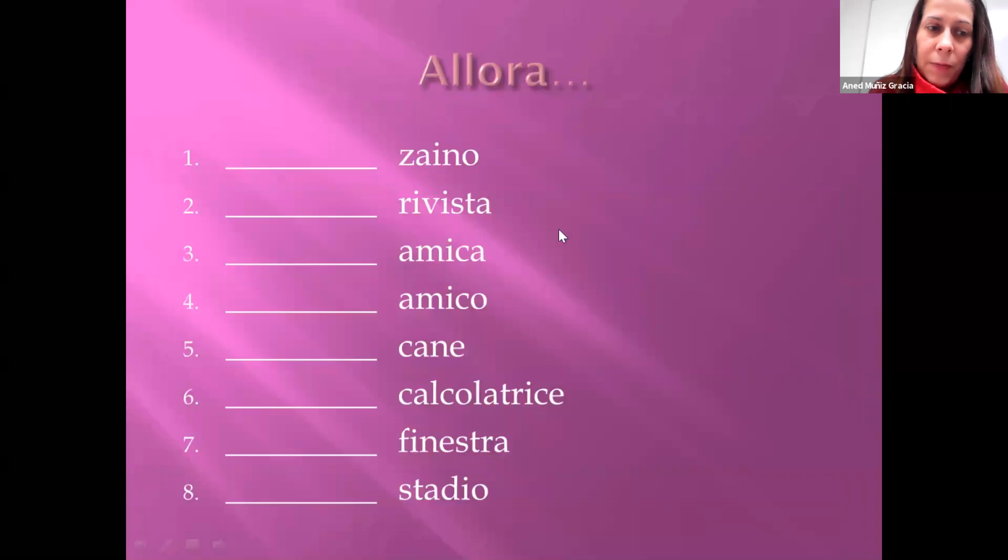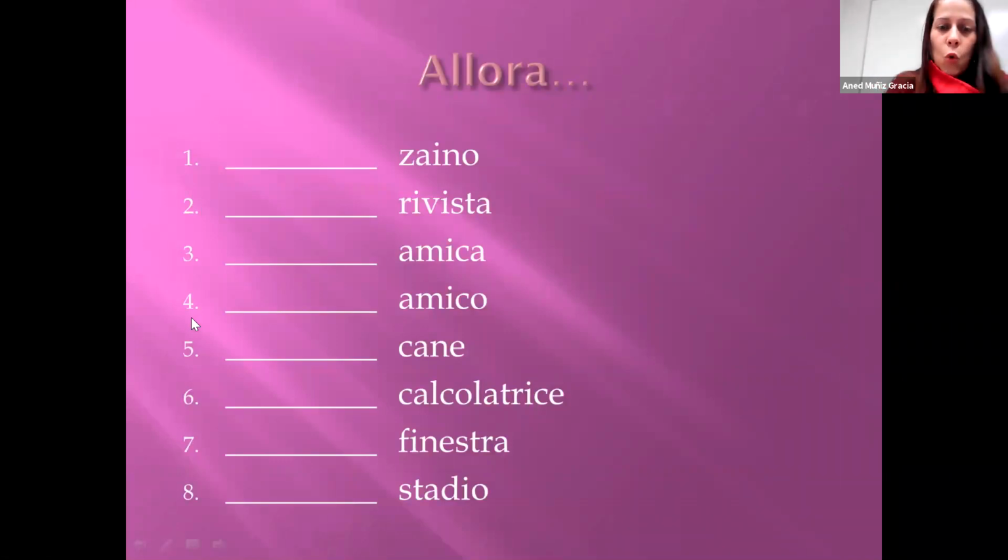Altri esempi. So if you have this, 1, 4, 5 e 8 sono maschili. And this is again uno, una, un apostrophe. Begins with a special consonant. Uno zaino. Rivista, femminile. Consonante, una rivista.